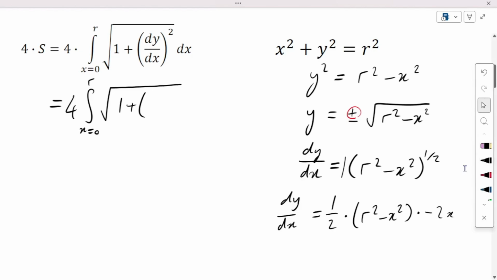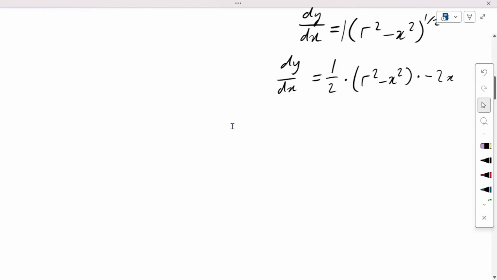Okay, great stuff. We can simplify a little bit more over here, so that dy by dx is equal to negative 2x divided by, sorry, I forgot about the exponent. This is negative 1 over 2. This means that this negative 1 over 2 is going to go in the denominator, and it's still a square root.